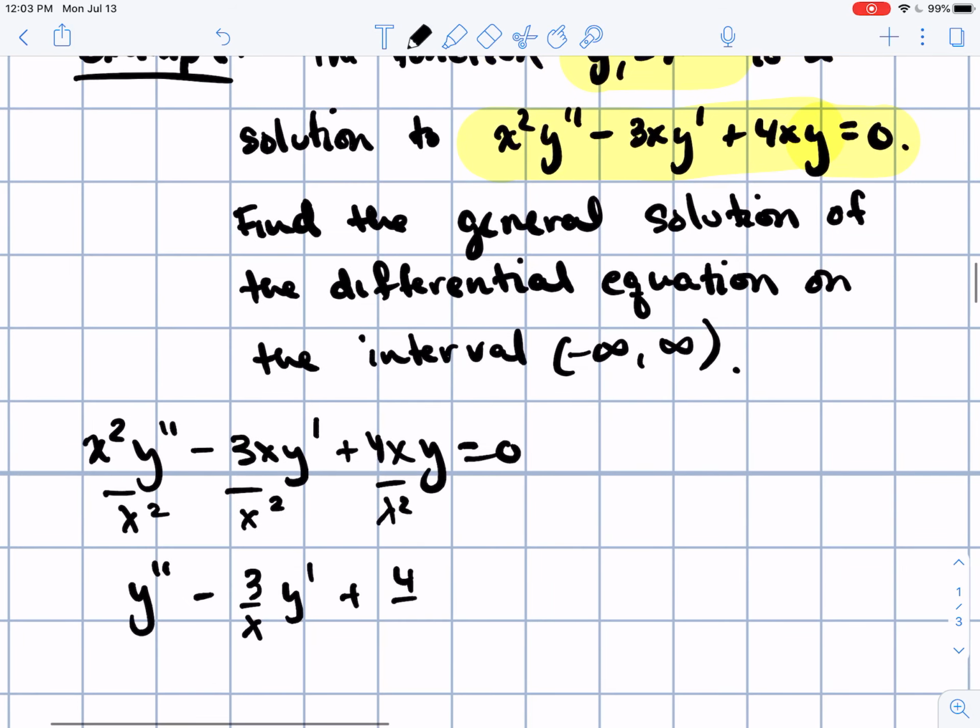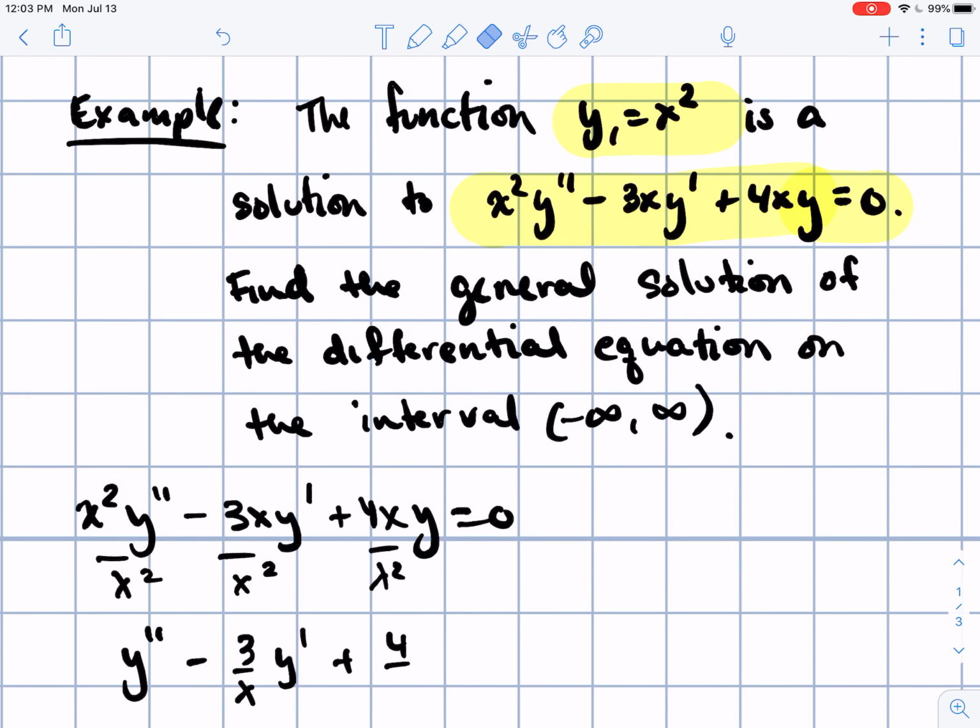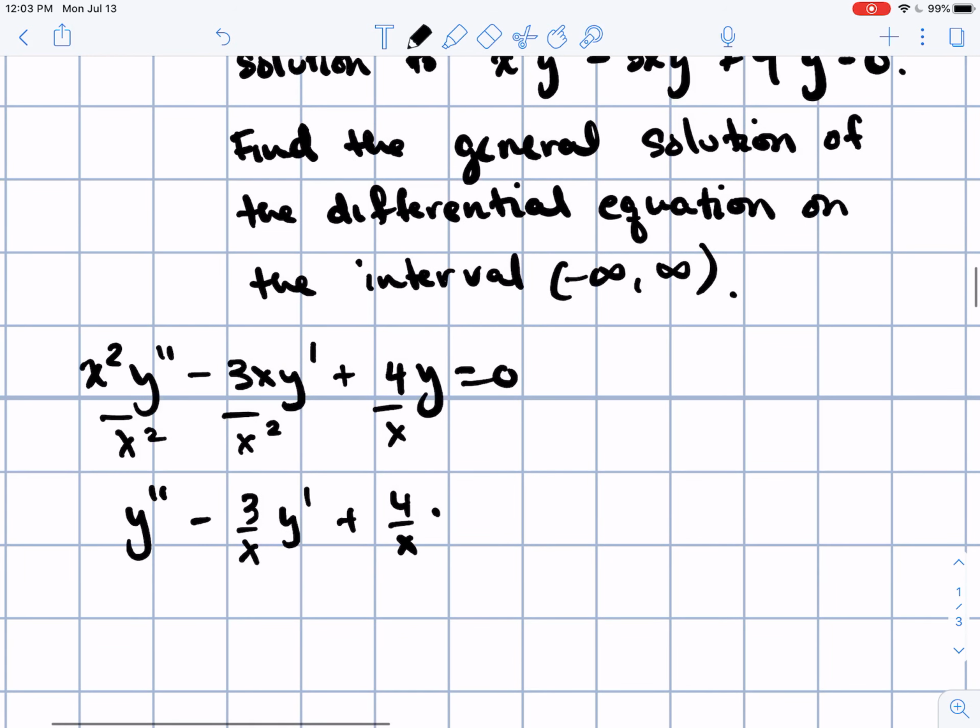Well, one thing here, I didn't want that x there, sorry. It should have just been 4. So let's get rid of this x here. All right, so here you could see p of x is going to equal that negative 3 over x.